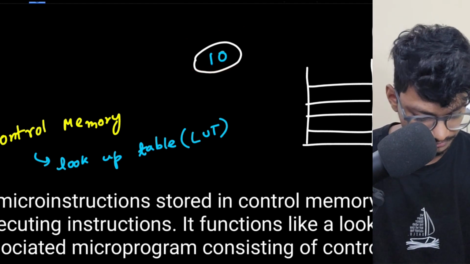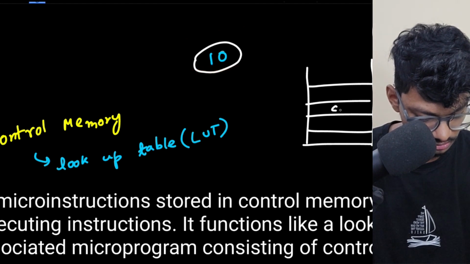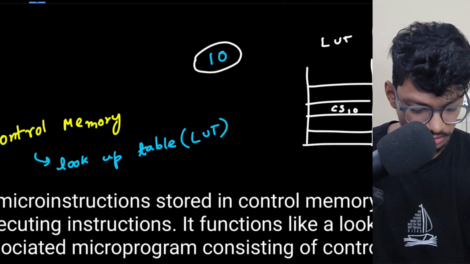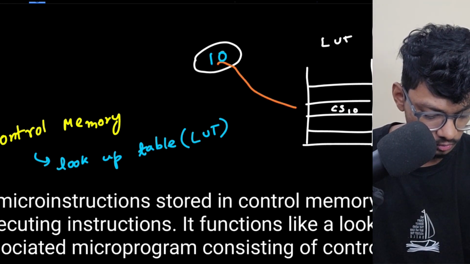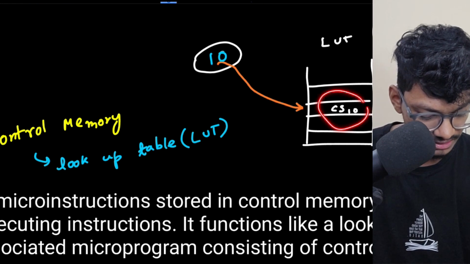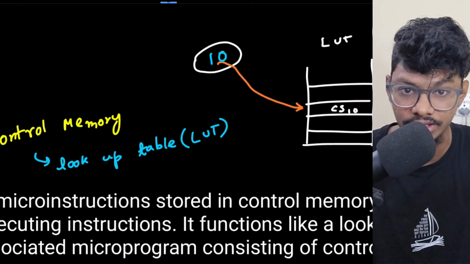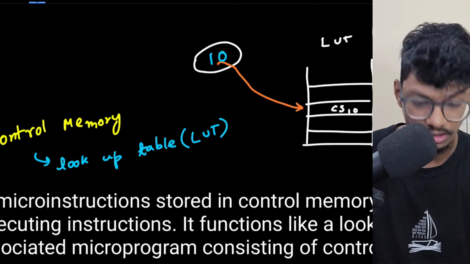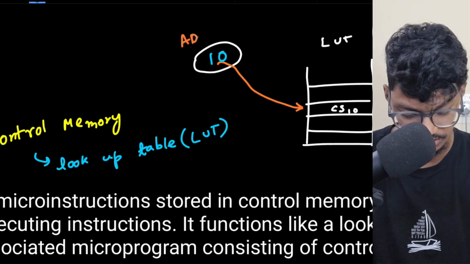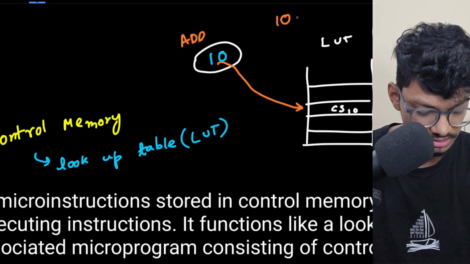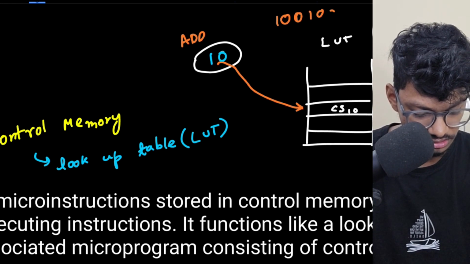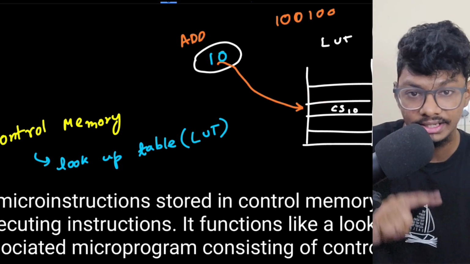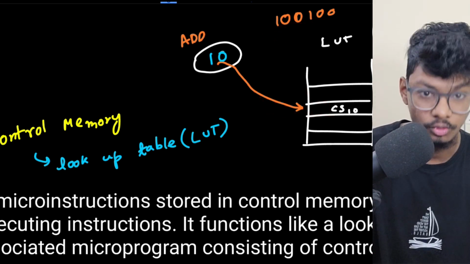Somewhere in the LUT, the control signal for 10 will be present. So we'll just directly go here and send this instruction to the control unit. The control unit understands, okay, for this 10 instruction, let's say the add instruction, the control word is 00100100, something like that. It will be present in the LUT, so it will directly take this from the lookup table.